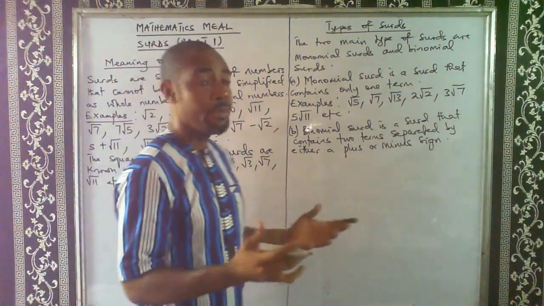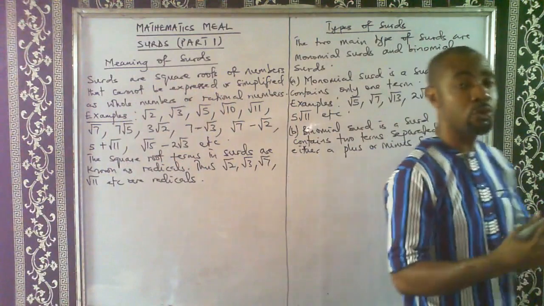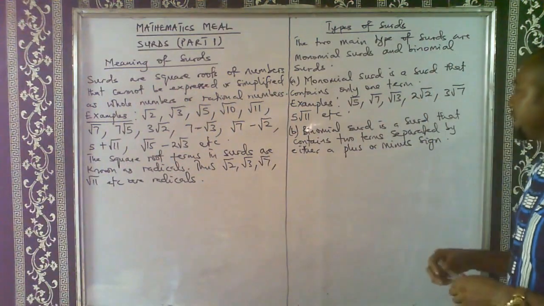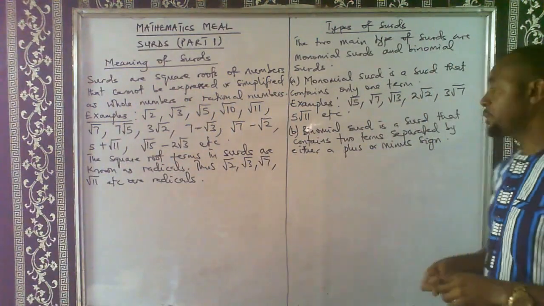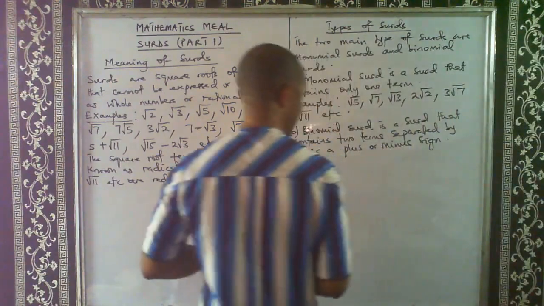So in binomial surd, we have two terms, and the two terms must be separated by either addition sign or what? Subtraction sign. That's either plus or minus sign.